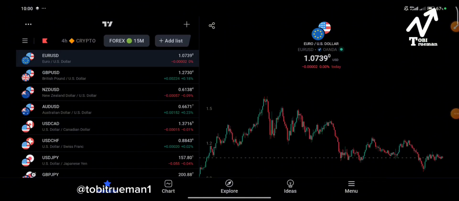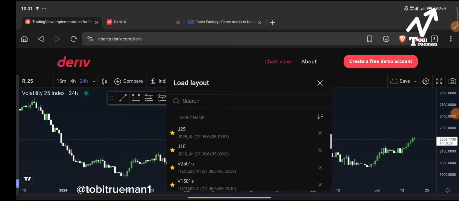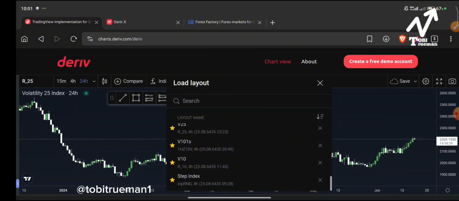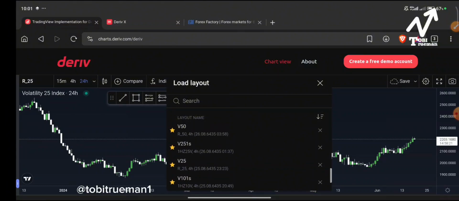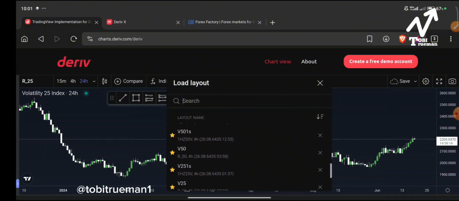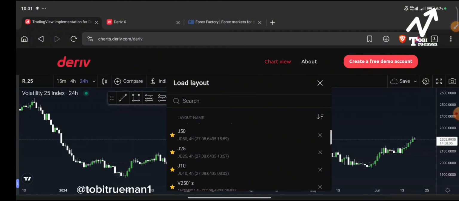Then if you want to trade volatility, that's synthetic indices, I can recommend about 13 of them. You see, we have step index, volatility 10, volatility 10 IS, V25, V25 IS, V50, V50 IS, V75, V75 IS, V100, V100 IS, V150 IS, V250 IS, J10, that's jump index, okay?